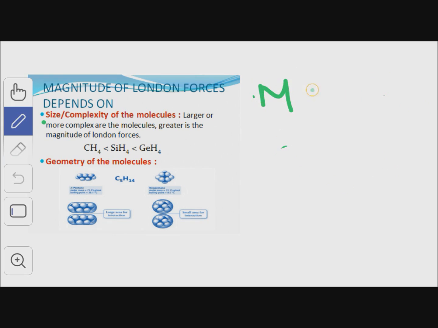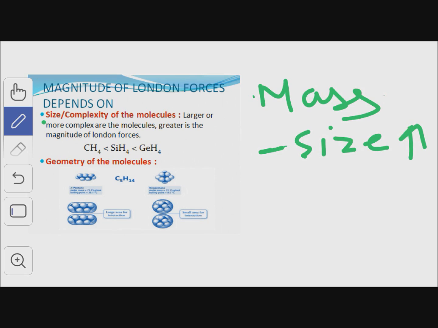Mass depends on size, and when the size increases, molecular mass also increases. It means London forces also increase. And when the size of the molecule decreases, molecular mass also decreases, and the same for the London forces.